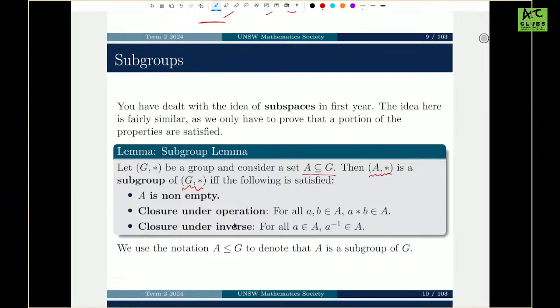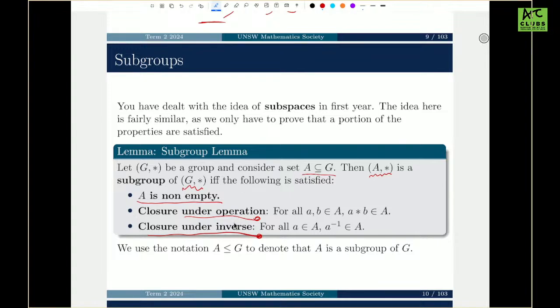So basically, we need A to be non-empty, so it can't be the empty set. We need closure under this operation, and we need closure under inverse, because the identity we get for free if we have non-emptiness, closure under the operation and closure under inverse.